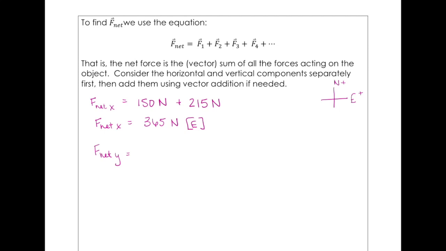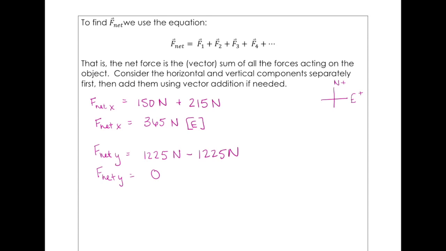Okay, so our buoyant force was 1,225 newtons. And it would be minus, because gravity is working downwards, 1,225 newtons for the gravitational. So our net force in the y is going to be 0.